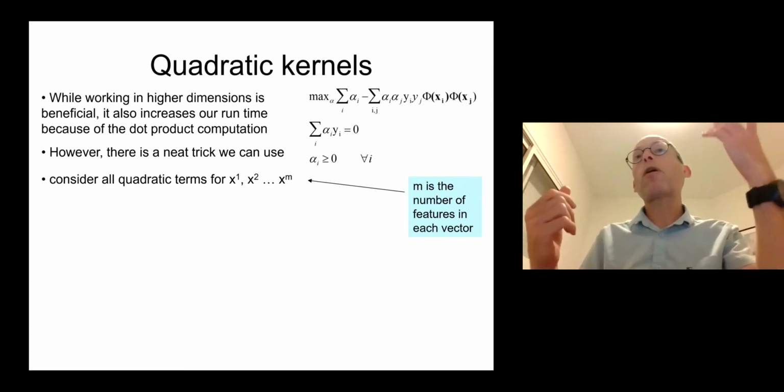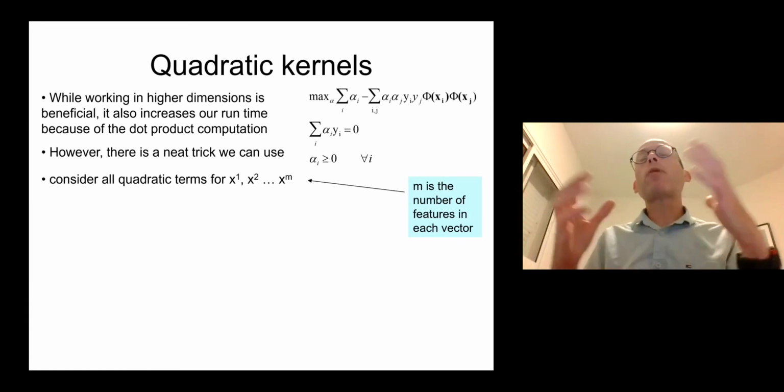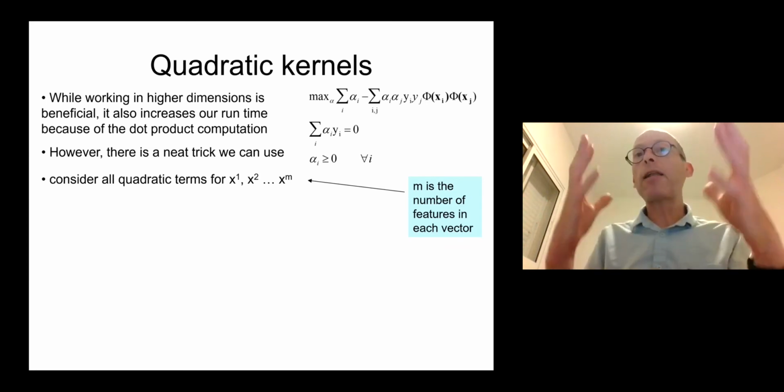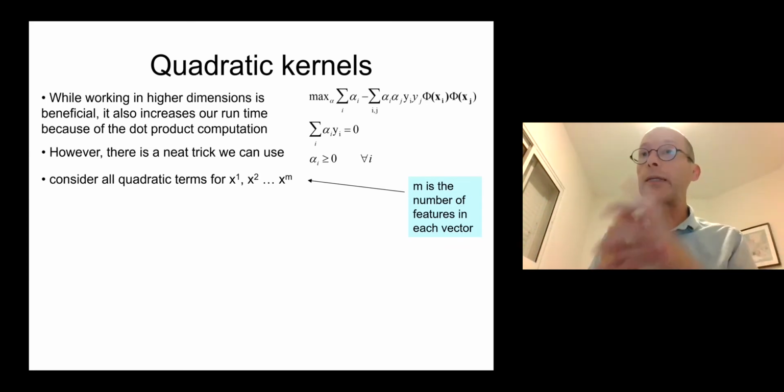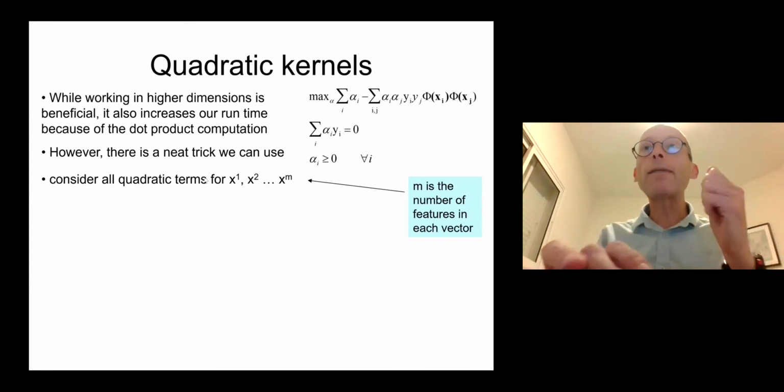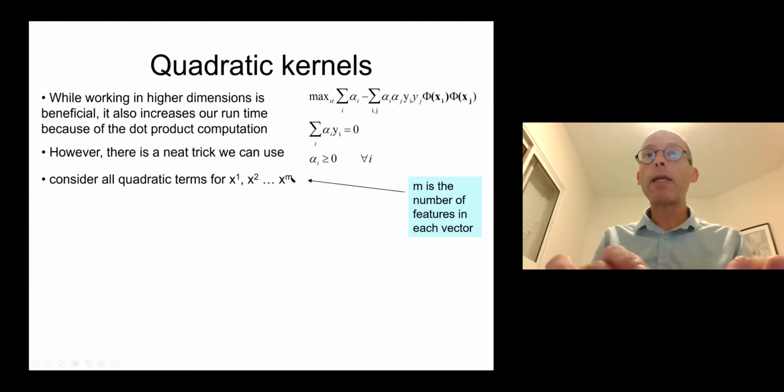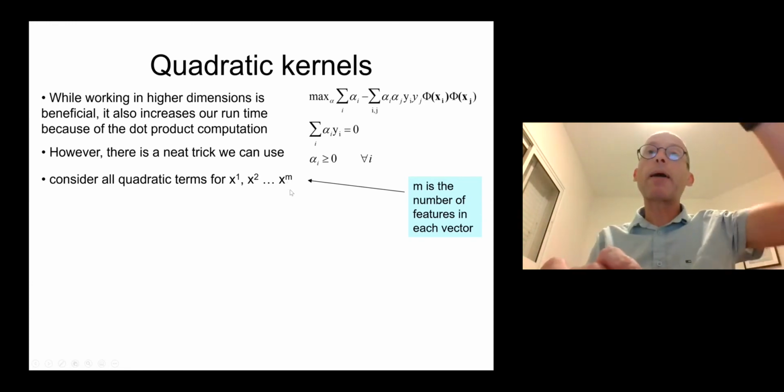Each one has one value for each pixel, and we want to represent it as the value plus the product of all the different pixels. So this becomes square in the size of the input feature. Let's say one sample has m input values, and we want to represent this in a high dimensional space by m square values.